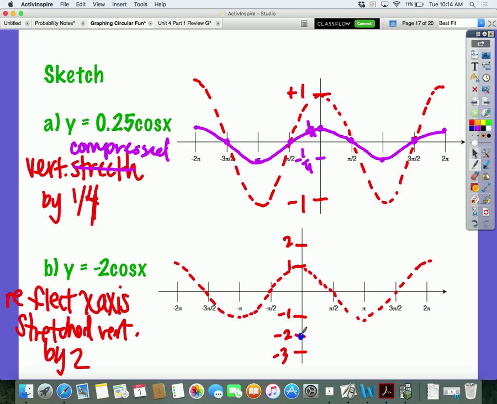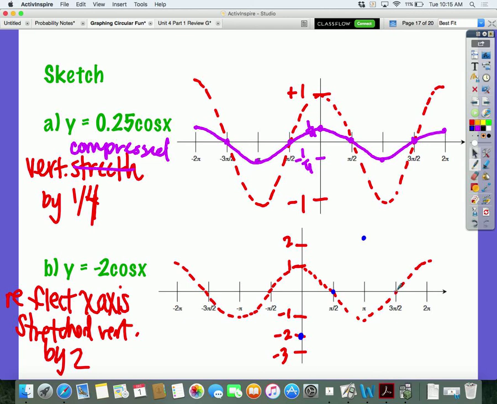My y's get multiplied by 2. What about this one? 0. Say 0, and when I multiply by 2, it's 0. It goes to +1, and then when I stretch it, it goes to 2.